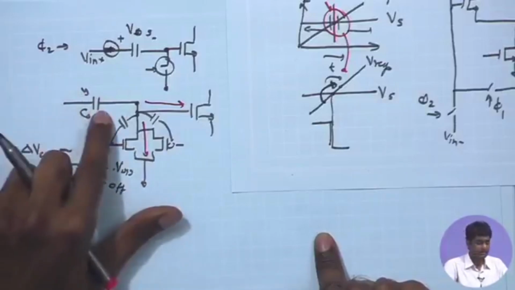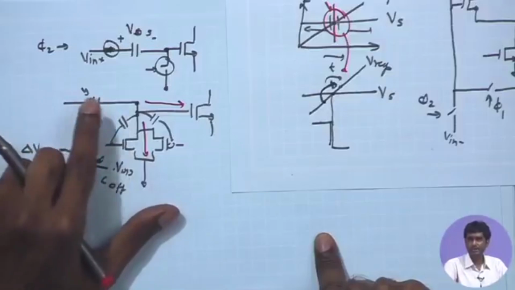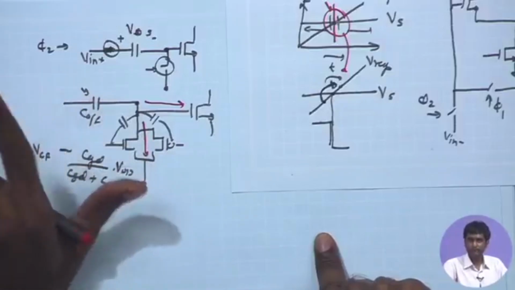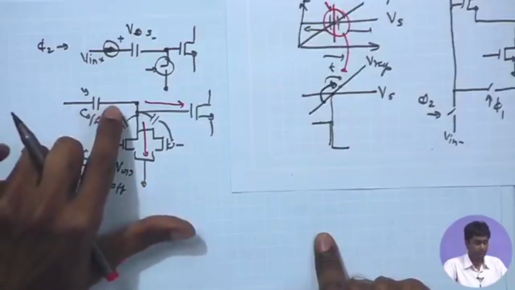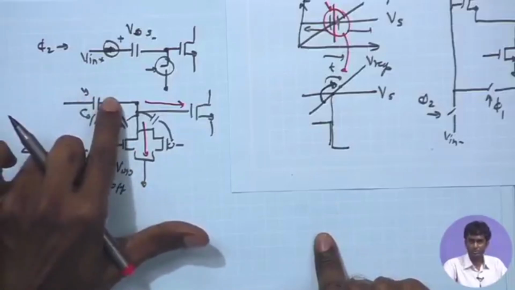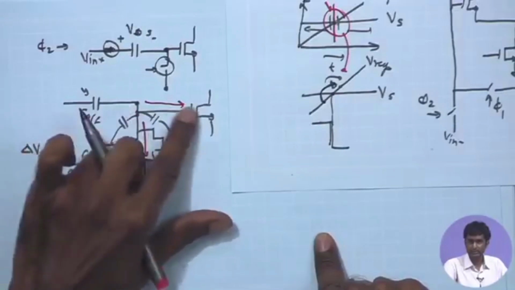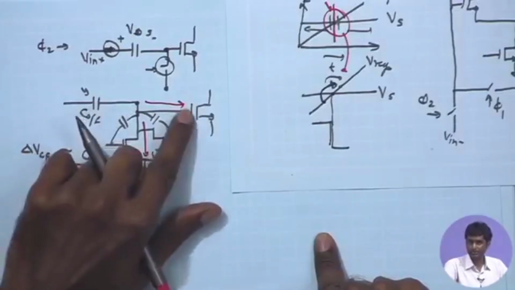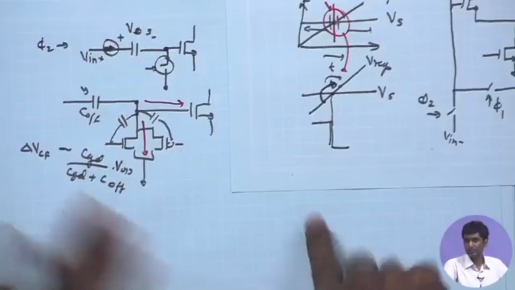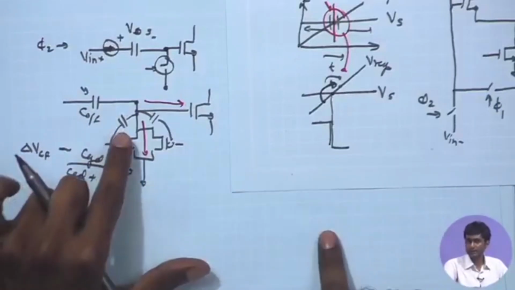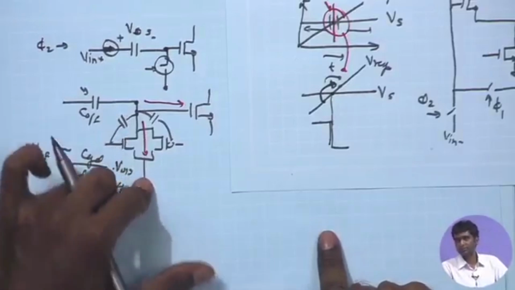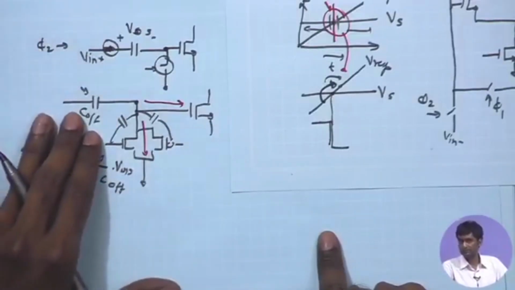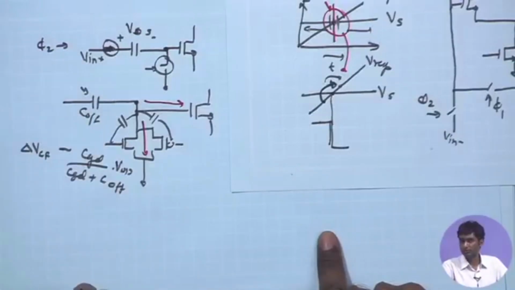So, once again this capacitor should be sufficiently large, so that the effect of leakage is small, and over the time when this phi 1 phi 2 phase is open, the charge stored across here is not getting dissipated because of the off resistance of the switches and the gate leakage, etc. We had done this analysis, we tried to see that for a given off resistance in the CMOS technology, how to estimate the C offset, and then again we had at least a few picofarad of C offset coming into picture.